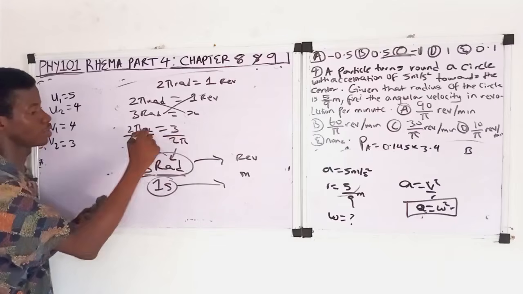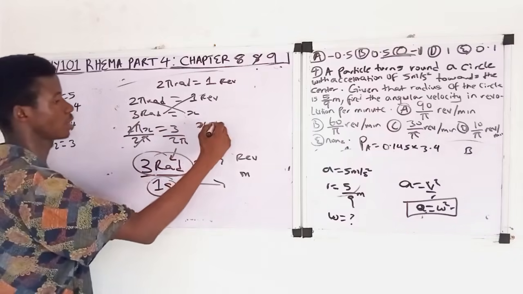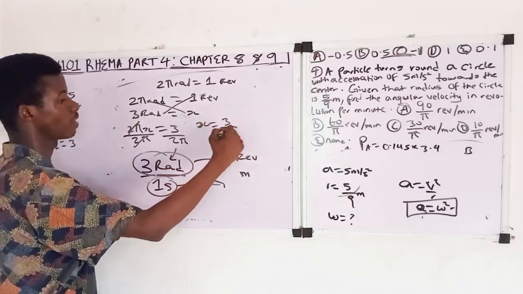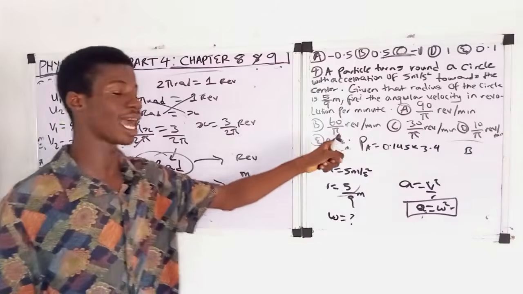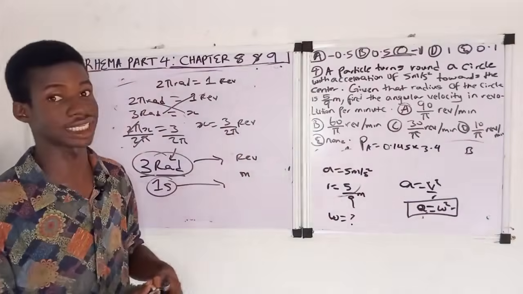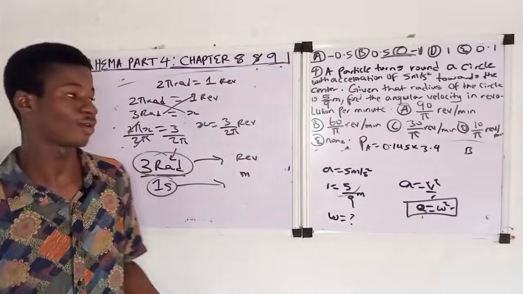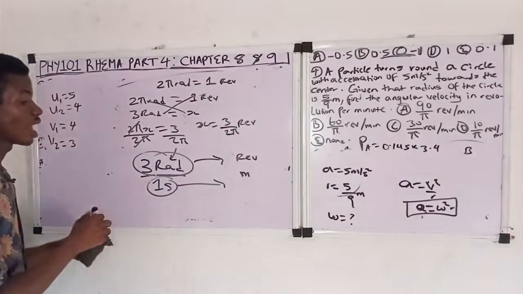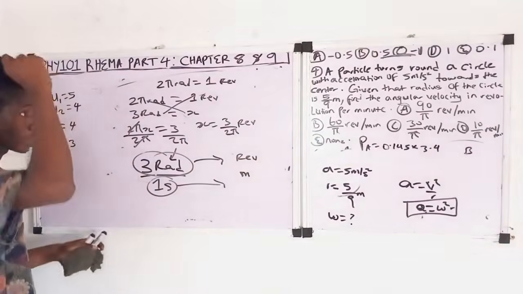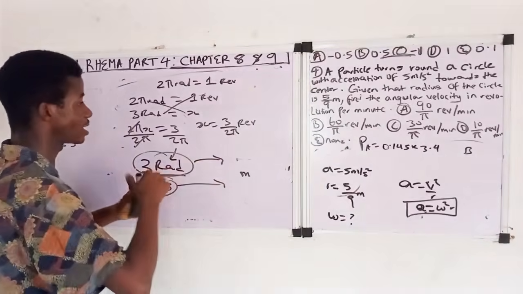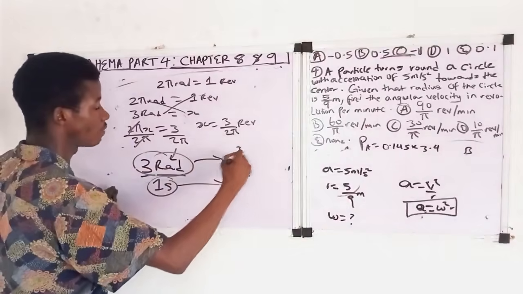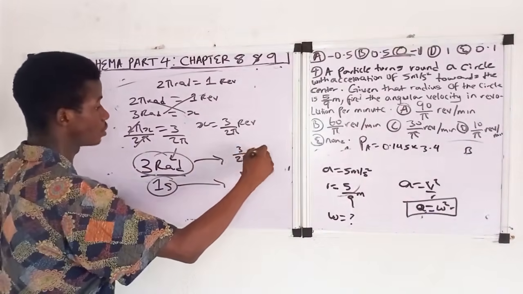This cancels this, so S is equal to 3 over 2 pi revolutions. Remember, our answer is in pi, so that's why I didn't convert pi to 3.14. So we have successfully converted 3 radian to 3 over 2 pi revolutions.